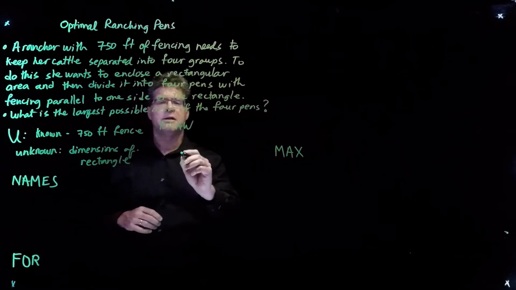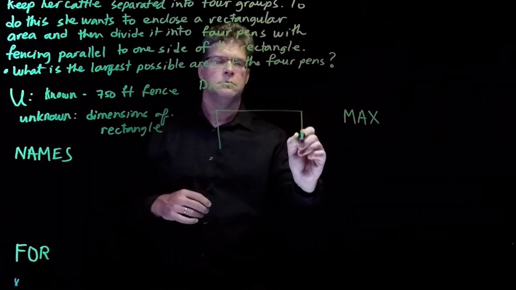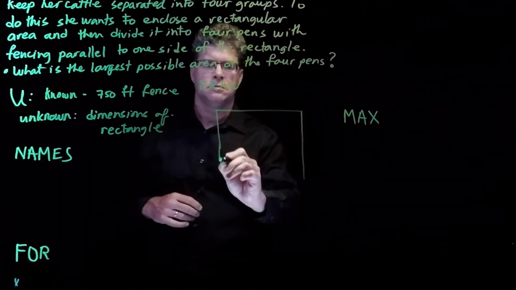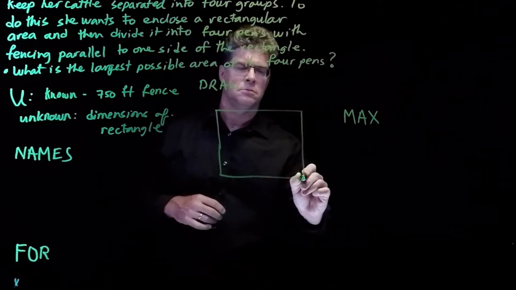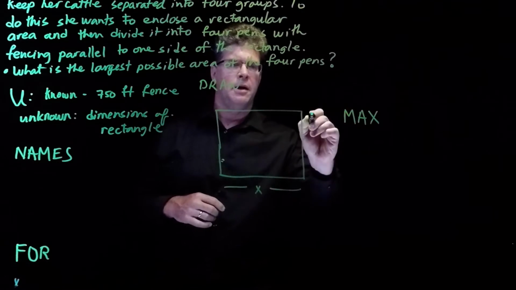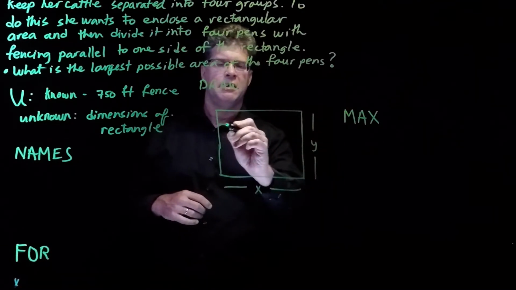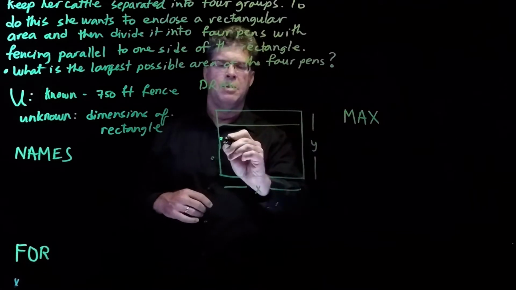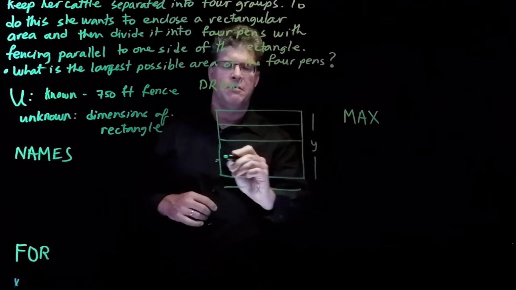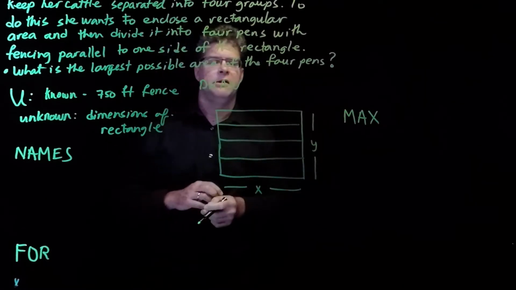So let's draw the rectangle out here. Okay, we'll call this dimension X and this dimension Y. And we want to have these pens in here. And we need 4 pens, so we need 3 additional dividers.